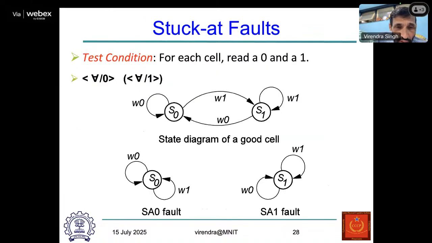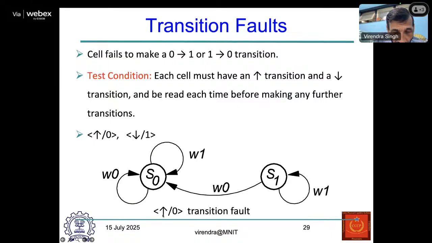Now when I can observe the state at the end, the good machine must have this behavior, and the bad machine, when there is a transition fault, stays at logic 0.